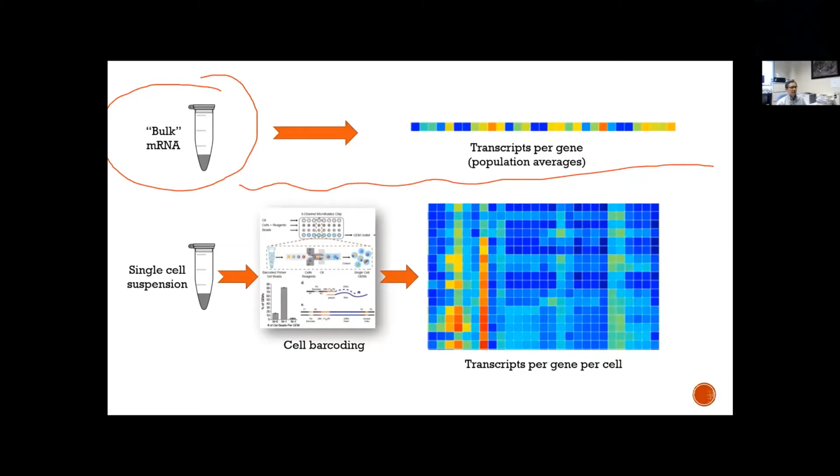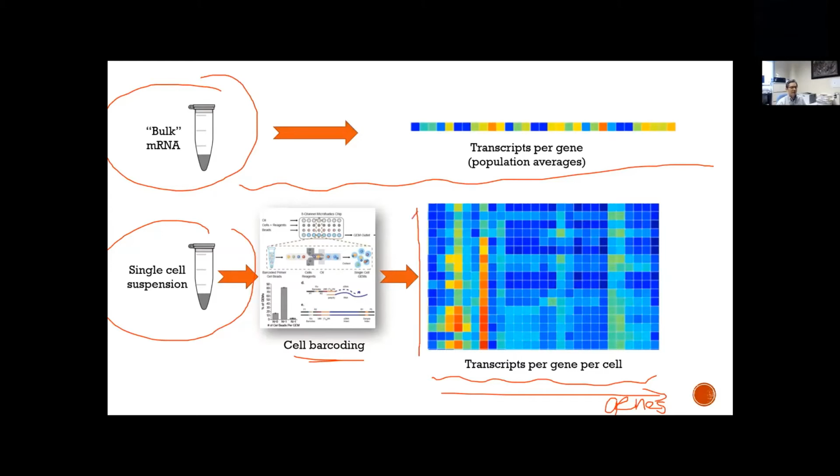But now for the same sample, using this barcoding system, we will be able to read out all the gene expression. So if you think of the x-axis as genes, different genes, and the y-axis as different cells.